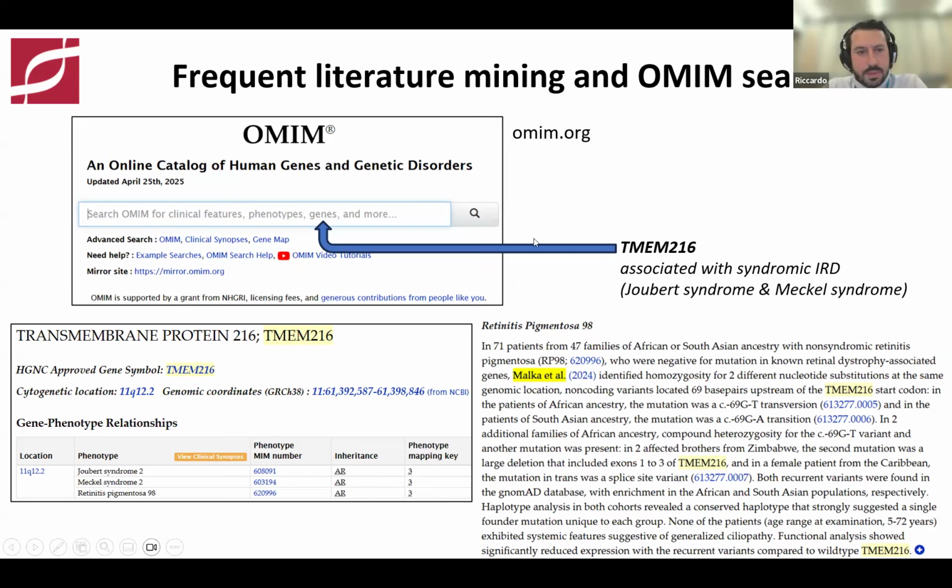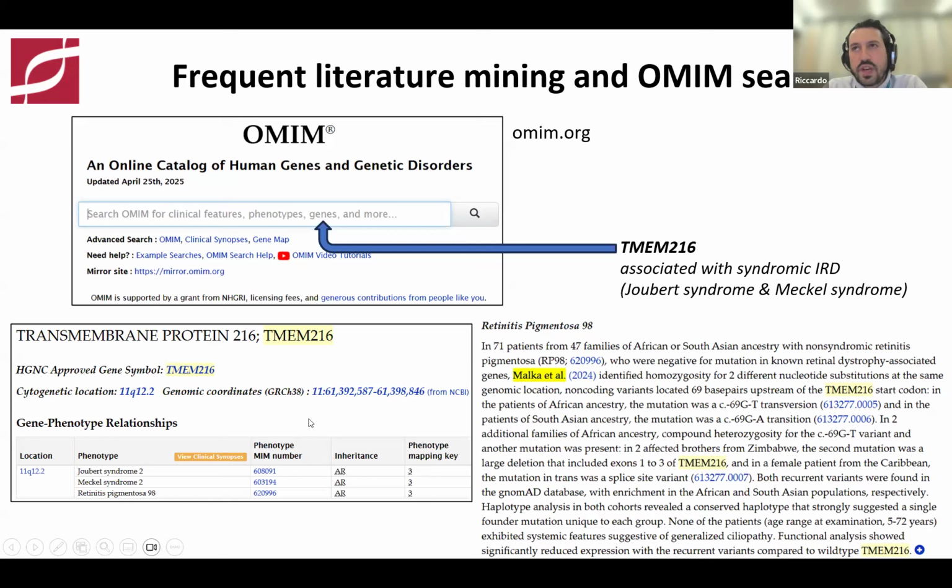So if we type into the search menu TMEM216, which I said before is associated with syndromic IRD, you will see that after our work, the database has already changed and has included retinitis pigmentosa. That was not present less than 6 months ago.